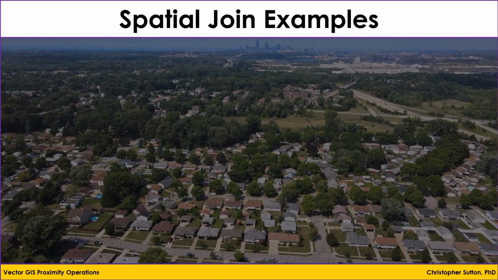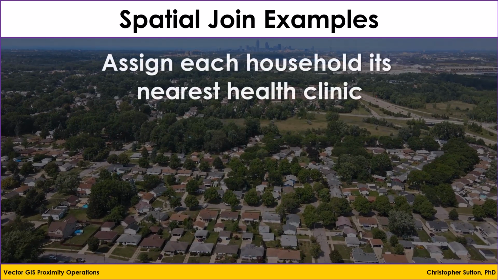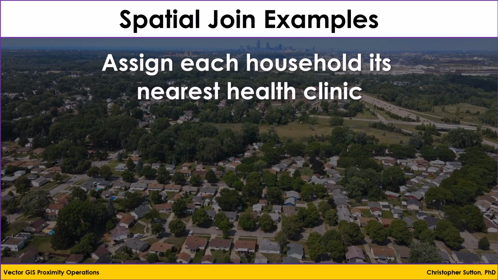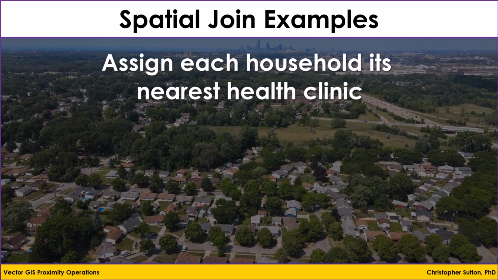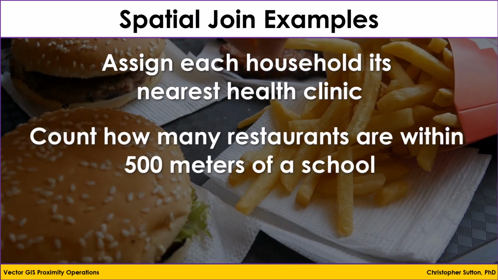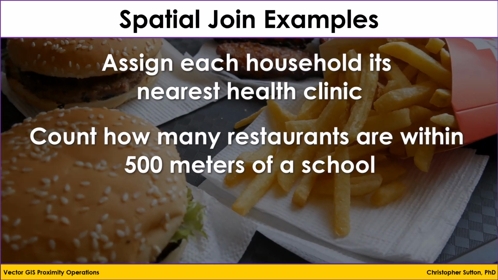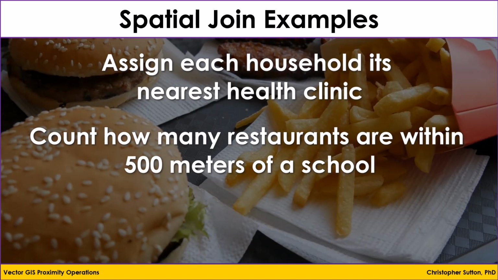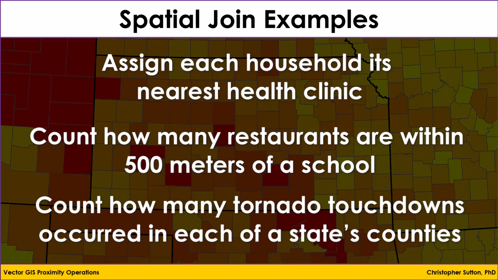Examples of spatial joins can be assigning each household its nearest health clinic, where households are represented in one feature class and the health clinics are in another. We can use spatial joins to count the number of restaurants that are within 500 meters of each school in our school district. Or we can count how many tornado touchdowns occurred in each of a state's counties.